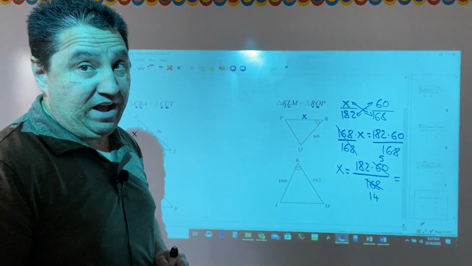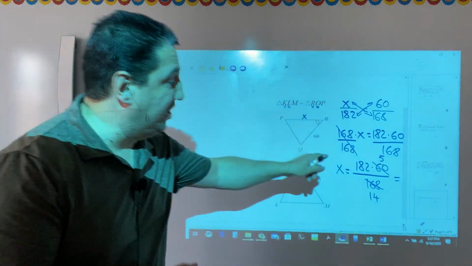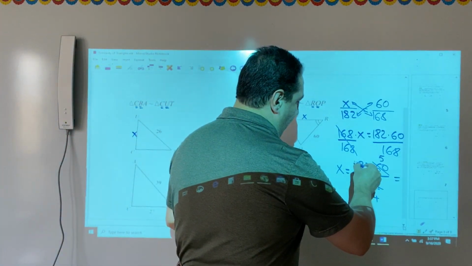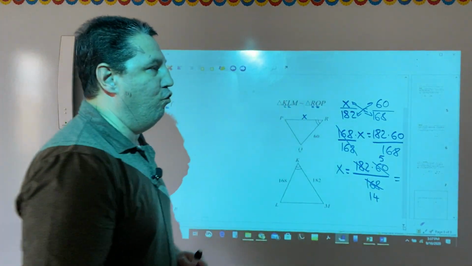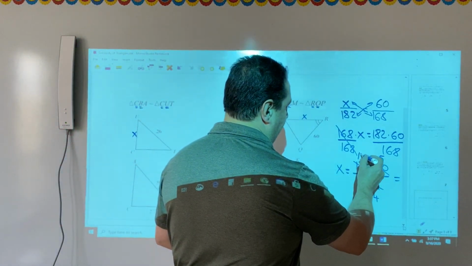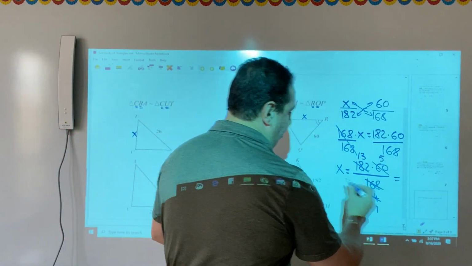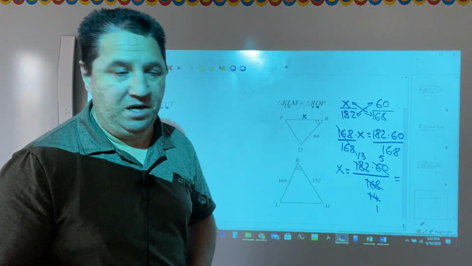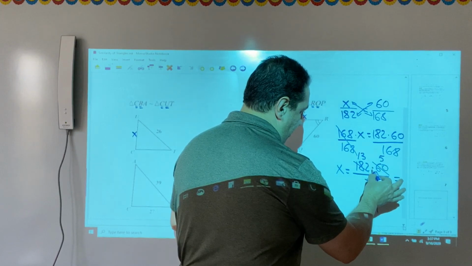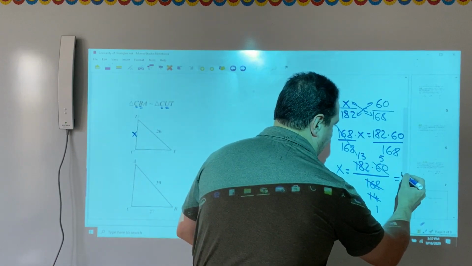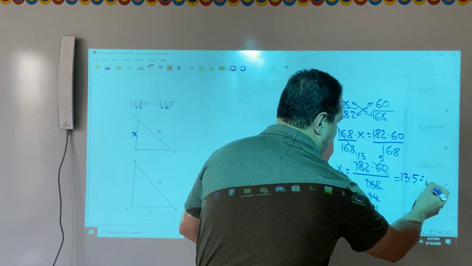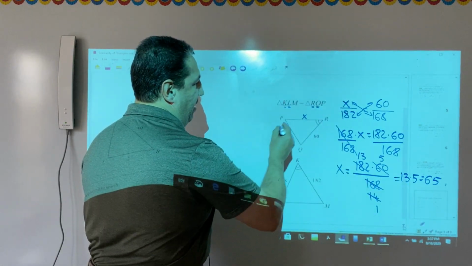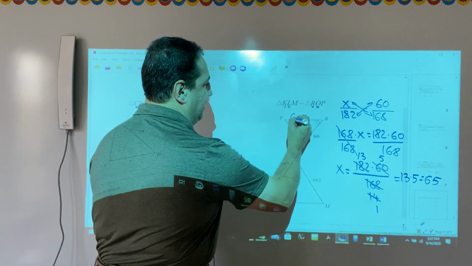The largest common factor for these two numbers is 14. So if we divide 182 by 14, you're going to get 13. And here you get 1. So we simply multiply the remaining numbers, 13 times 5, which is 65. So the length of PR would be 65.